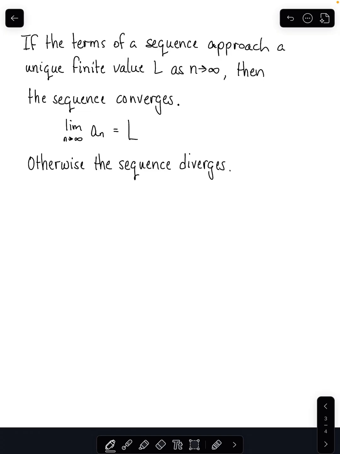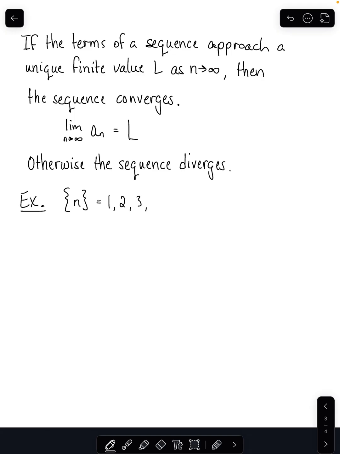Some relatively obvious examples of this would be the sequence of just n, which would be when n is 1, the term would be 1. When n is 2, the term would be 2.